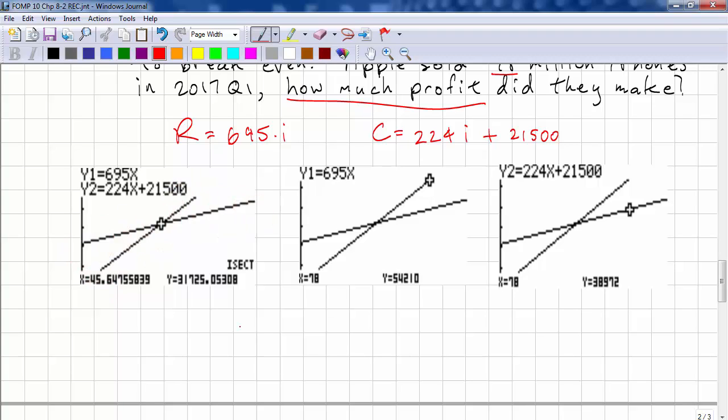Again, you can use Desmos if you don't have a graphing calculator, although Desmos makes it a little bit difficult to find your answers with big numbers. And the answer is where these two equations cross, and it's crossing right there. On a graphing calculator, it tells you the exact x value and the exact y value. So we're looking at the x value.